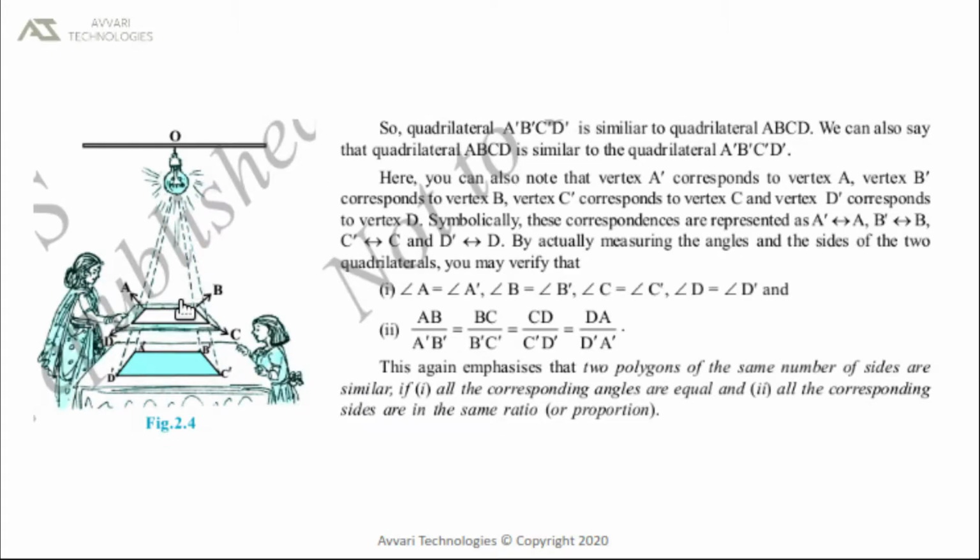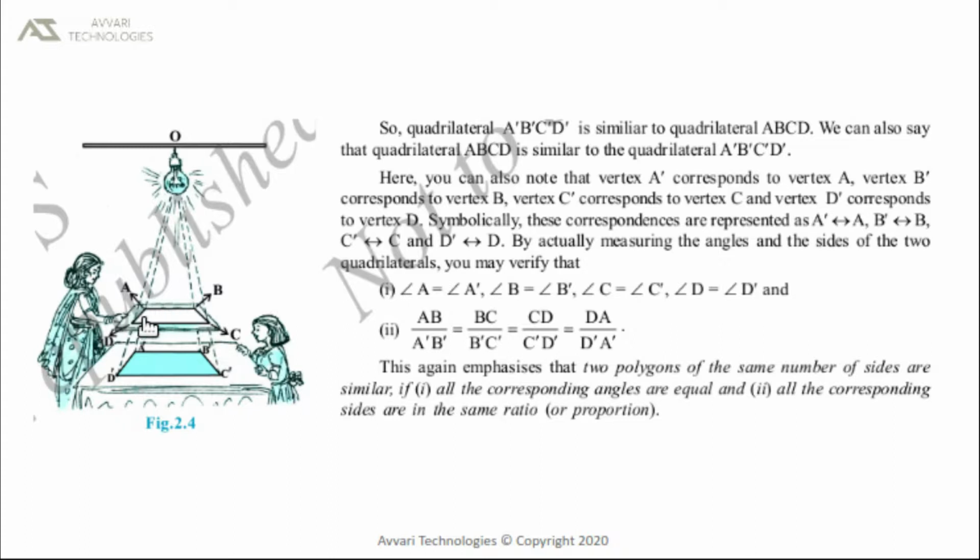In this case, we can notice that the angle of A, that is the angle between the sides AB and AD, is equal to the angle between the sides A dash D dash and A dash B dash.